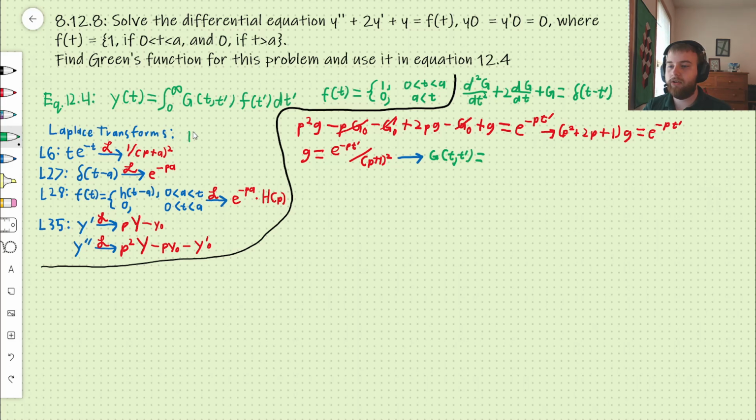Our h of p equals 1 over p plus 1 squared. So our h of t is going to equal t e to the negative t.